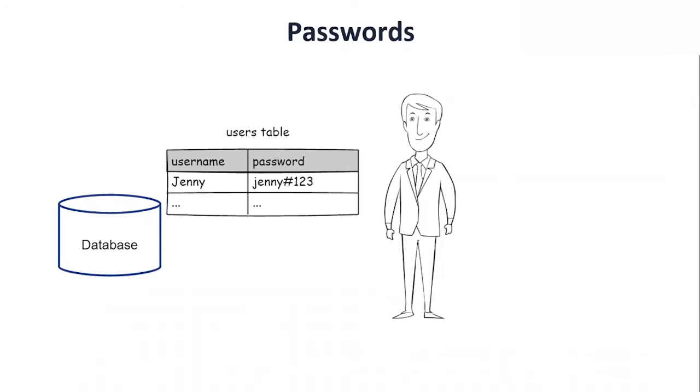And as we know, most of the users will use the same username and password to log into many different applications. So this user Jenny might have the same username and password used to log into her email, or maybe even her social media.